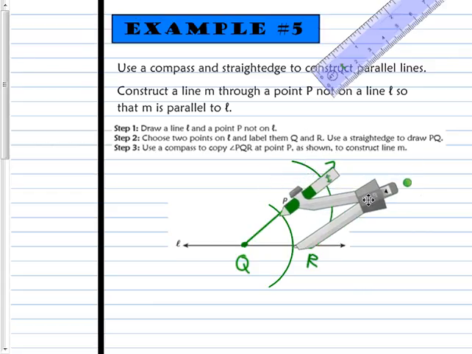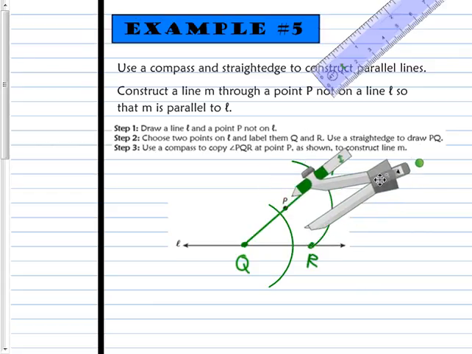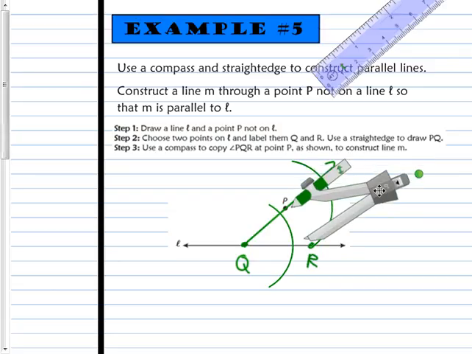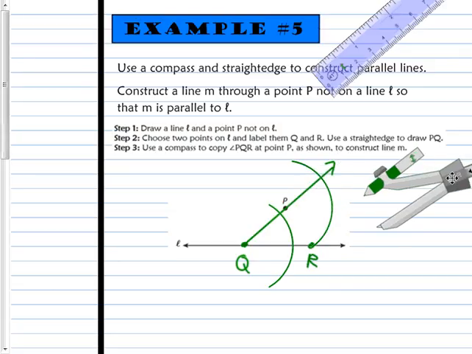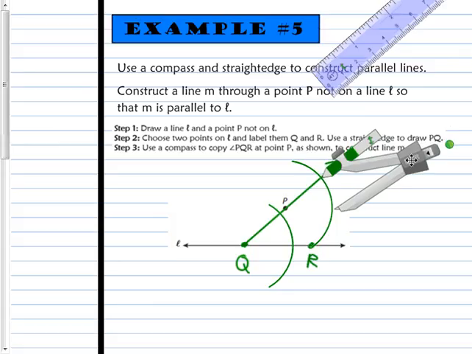So that's how wide it is right here, from this point to that point. And so what I need to do is measure how wide it is from this arc to this point. But as you can see, I don't need to draw an arc right here.